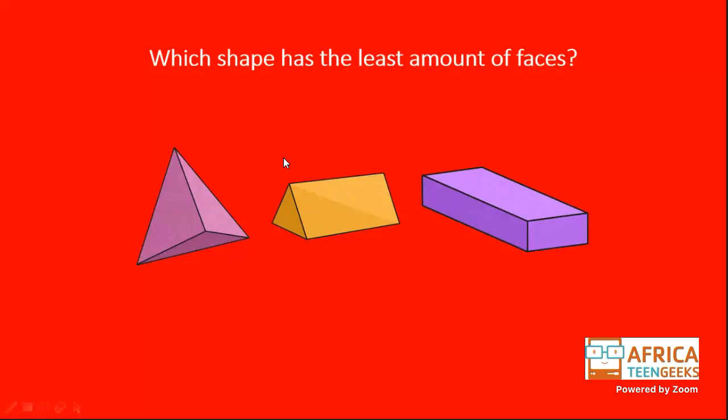Is he right or wrong? Kia agrees with him. And so does Tafka. And Faith. Great. So let's reveal the answer and see if they are correct. The triangular-based pyramid is correct because it only has 4 faces. The triangle at the bottom and then the 3 triangles on the sides.